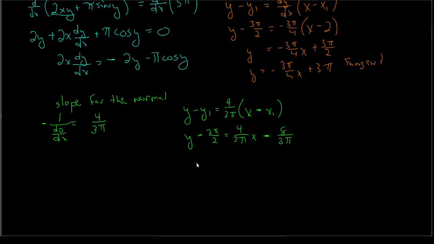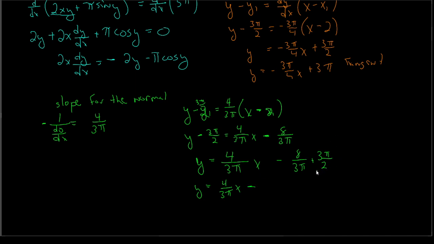And so because this was 2 and this was 3π/2, we'll distribute the 4 across, and so we're going to get y equals 4/(3π) x minus 8 over 3π plus 3π/2. We'll fix the denominator here.